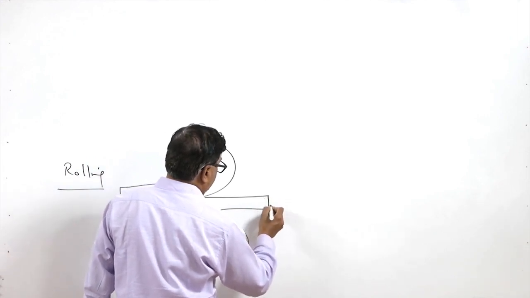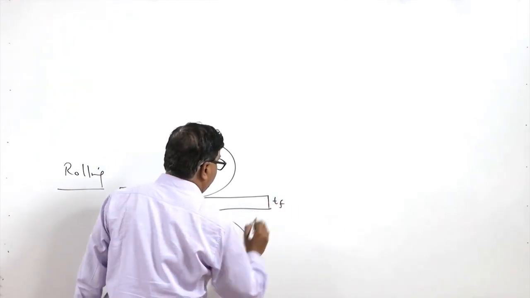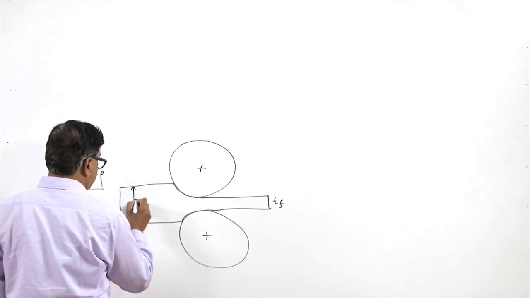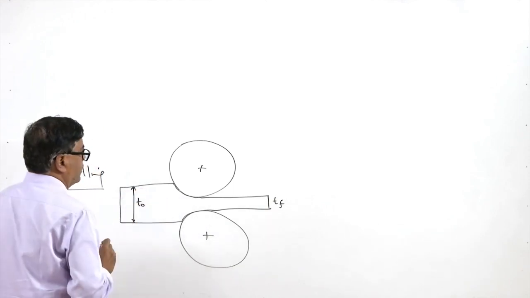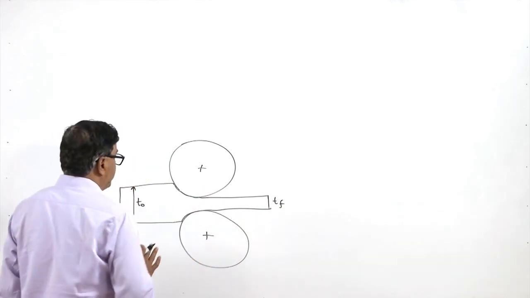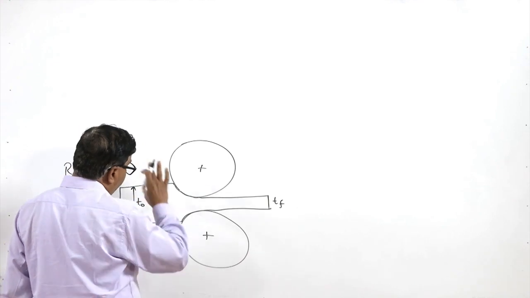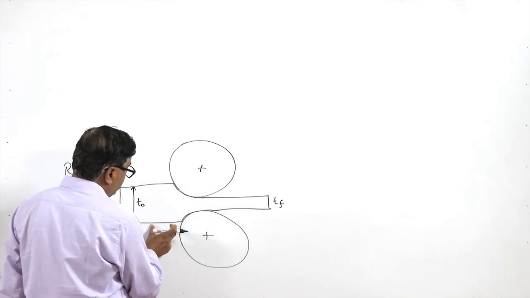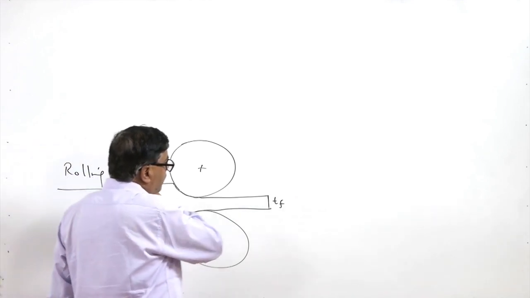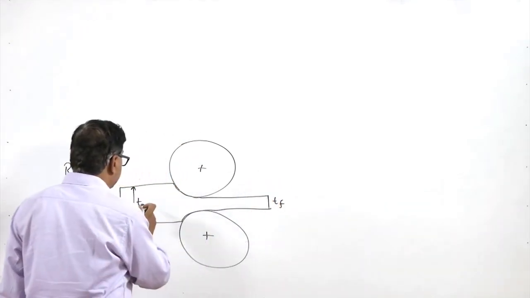Here T naught is the initial thickness and Tf is the final thickness.